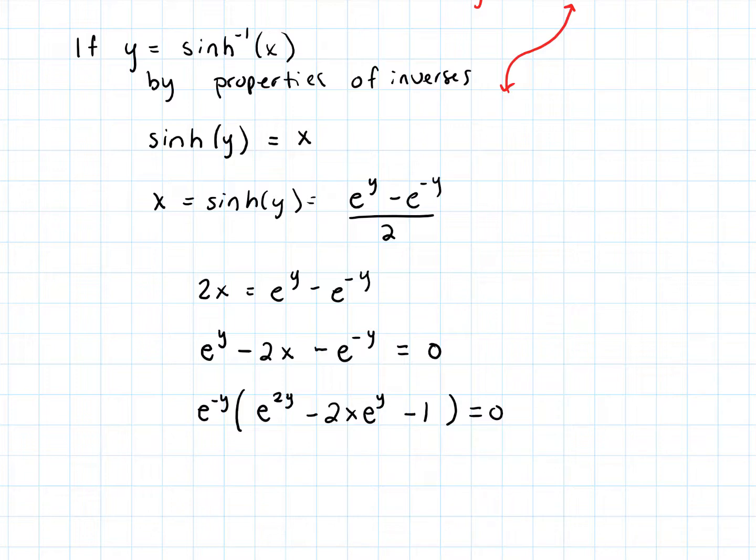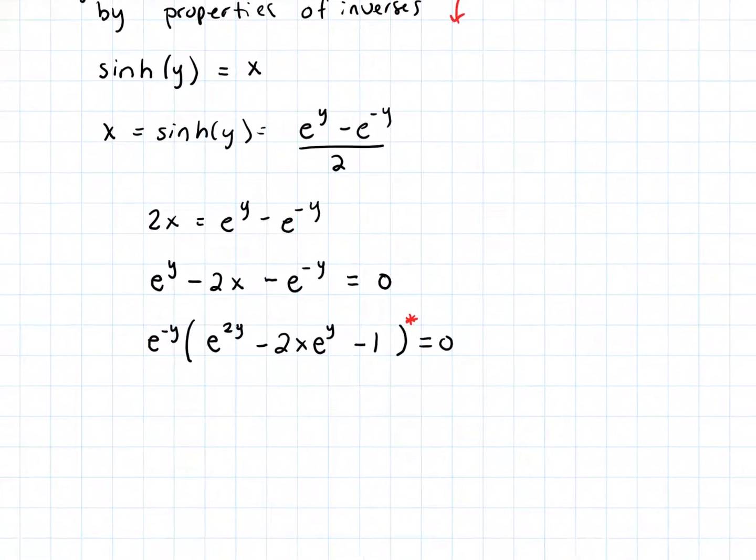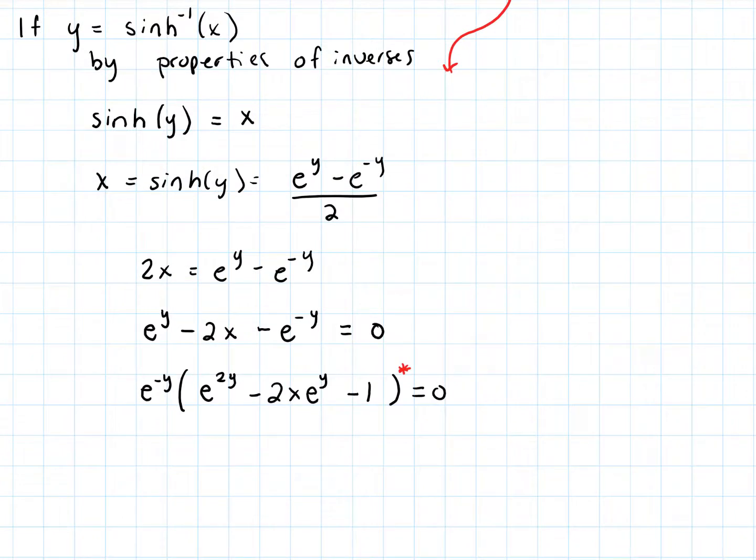Now notice that this is actually quadratic in nature. We could say let w equal e to the y, and we might be able to see that a little faster. So this is actually w squared minus 2x times w minus 1.